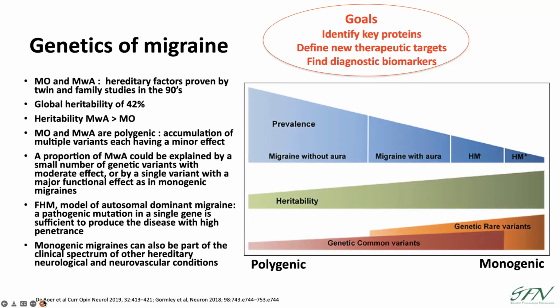And then sometimes hemiplegic migraine attacks can also be part of the clinical spectrum of other hereditary neurological and neurovascular conditions. But in these cases, migraine attacks are only part of the clinical features, and patients with these rare disorders also may have strokes or things like that.